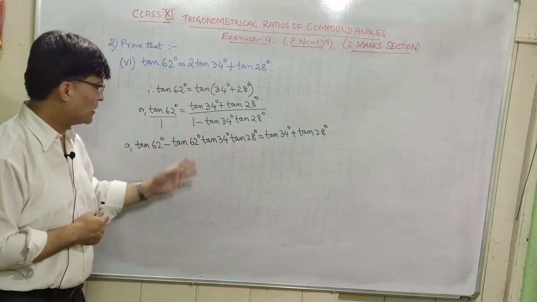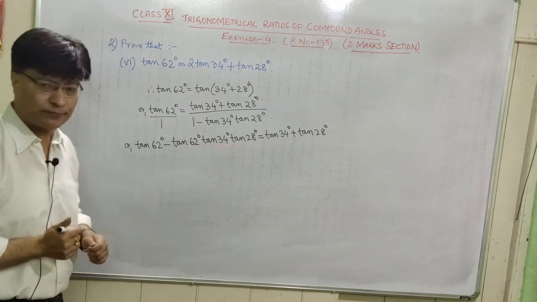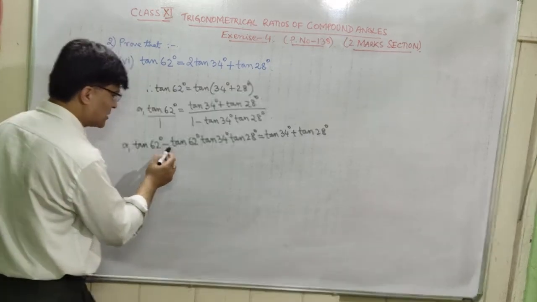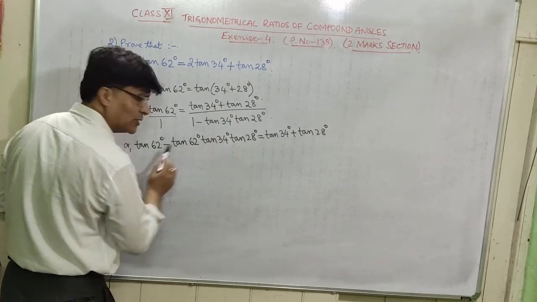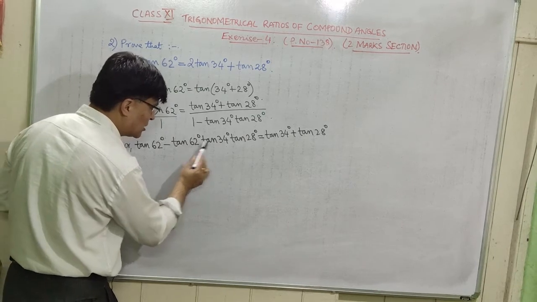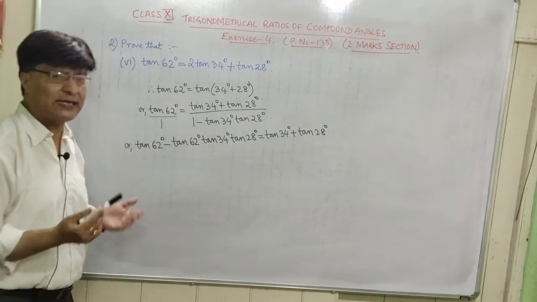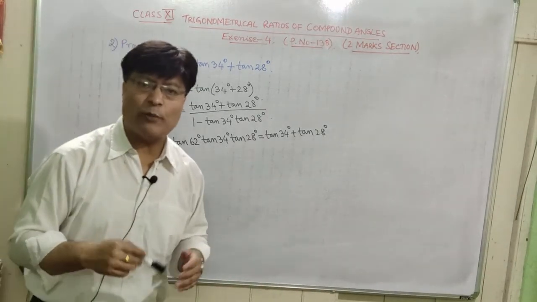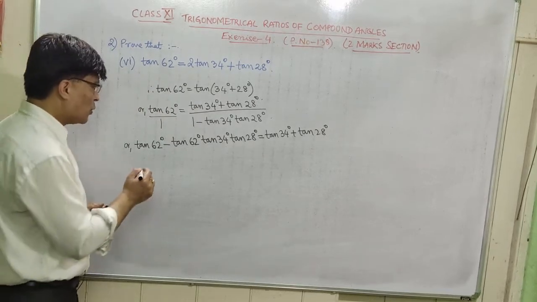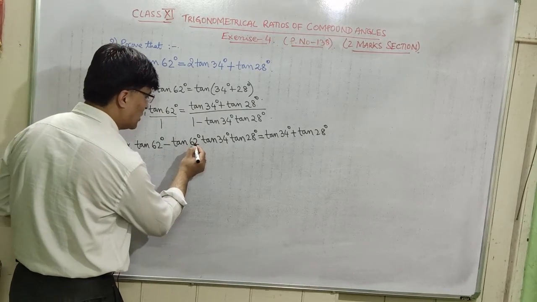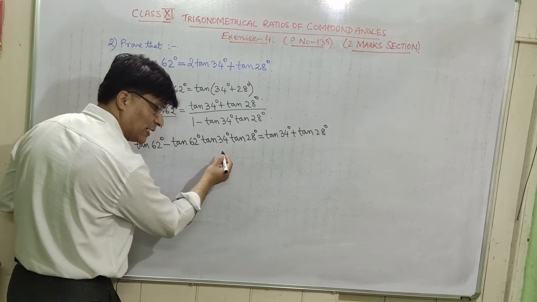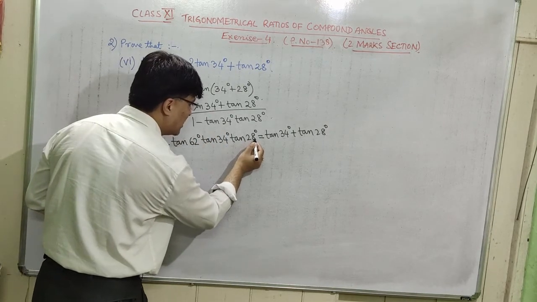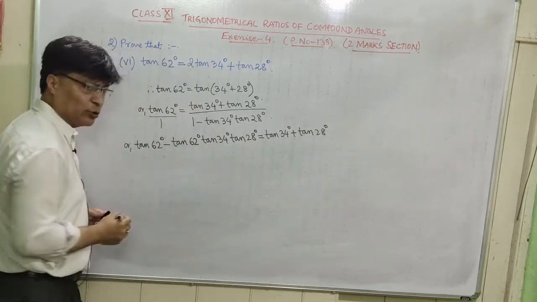We have to prove this result, but we are getting this expression also, okay? Now in this case there is 62 degree and 28 degree. If you add this 62 and 28 degree, this will be 90 degree. That means they are complementary angles, isn't it? So either you can change this 62 into 90 minus 28, or you may change this 28 into 90 minus 62.